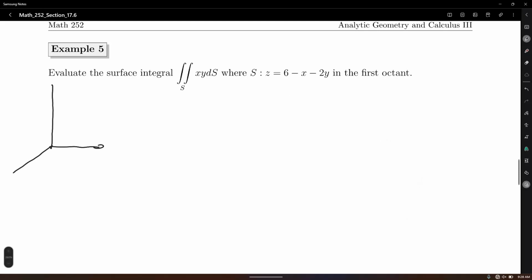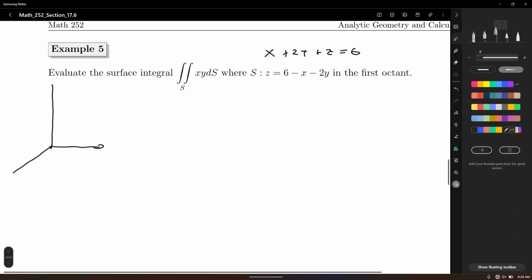Okay, so the equation of this plane, finding the intercepts. Let me write the equation: x plus 2y plus z equals 6. The x-intercept, isn't that 6? The y-intercept, isn't that 3? And the z-intercept, another 6. How about that? All right, graph the plane.